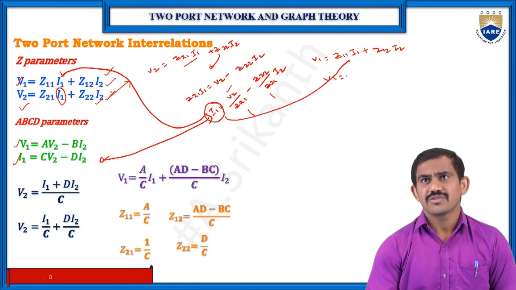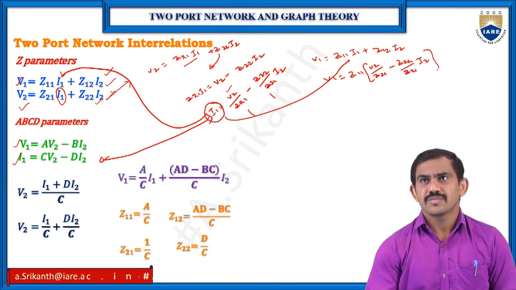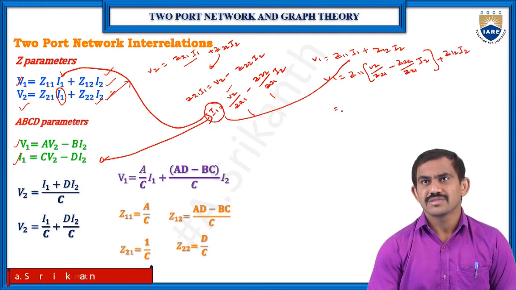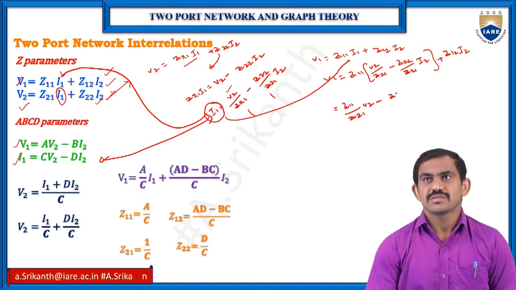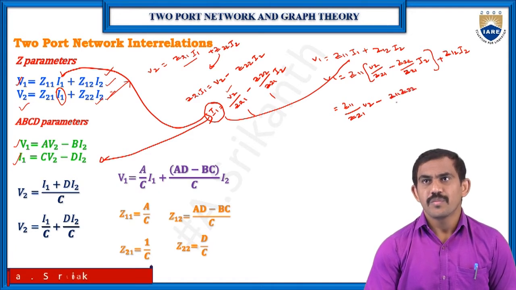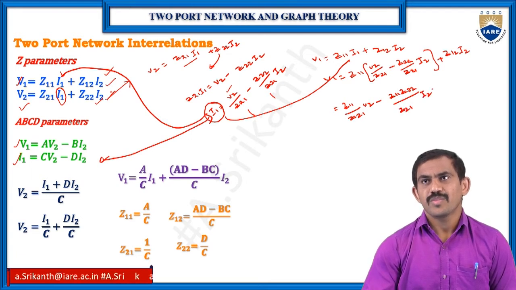So V1 is equal to Z11 into V2 by Z21 minus Z22 by Z21 I2, plus Z12 I2. Now your values: Z11 by Z21 V2 minus, here we will get Z11 Z22 by Z21 I2 plus Z12 I2.